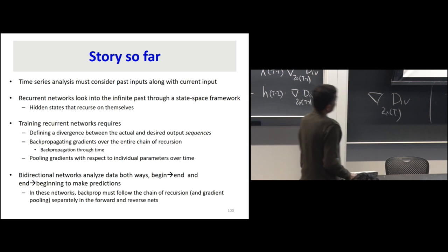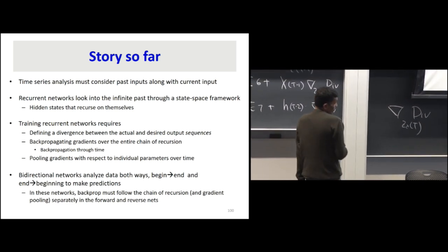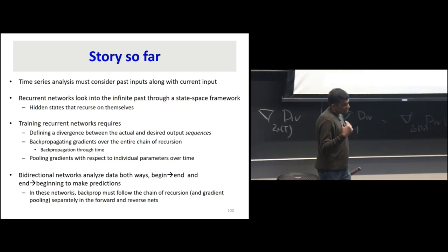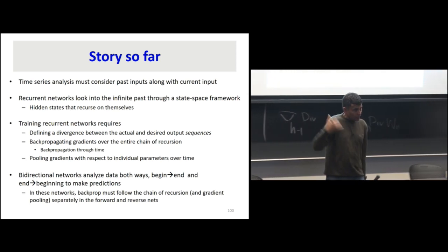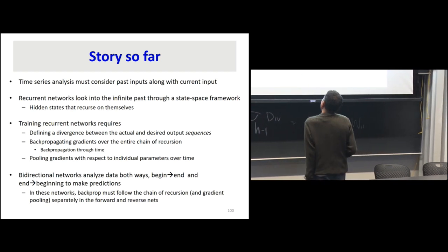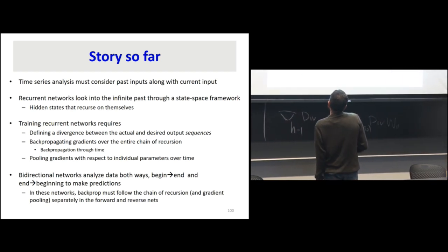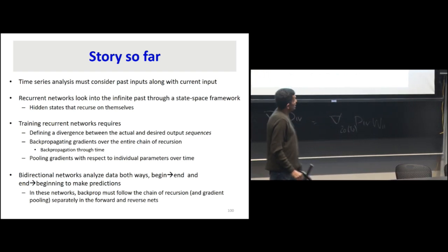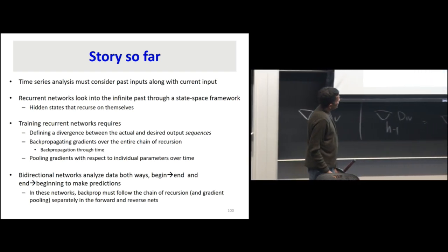Now, time series analysis must consider past inputs along with the current input. And we use recurrent networks in order to be able to look at the infinite past. If you don't have recurrence, you cannot look through the infinite past. Training recurrent networks requires defining a divergence between the actual and desired output sequences and backpropagating.